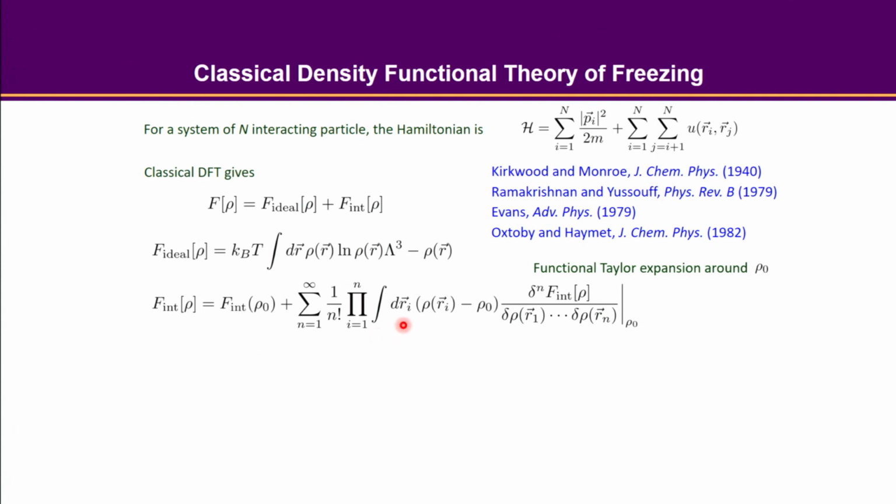But if the fluctuation of the liquid is small enough, then I can basically truncate this infinite series. So there's an assumption for this density functional theory of freezing that we are looking at a structured liquid, but although it's inhomogeneous, that fluctuation is not really large, right?